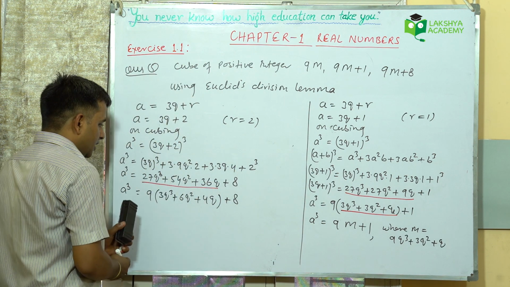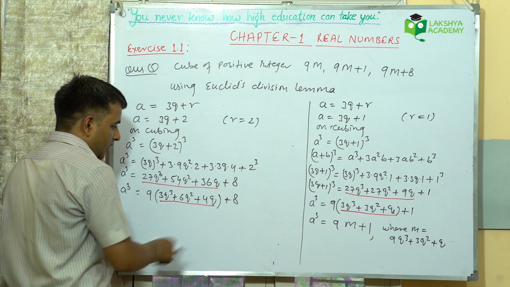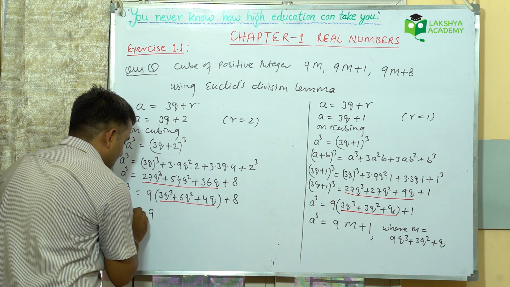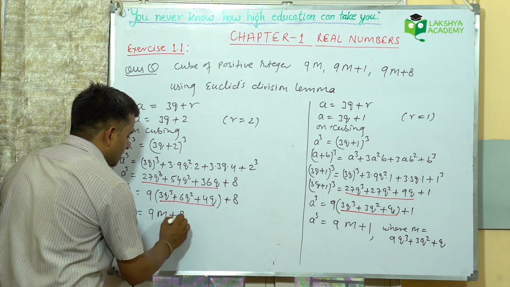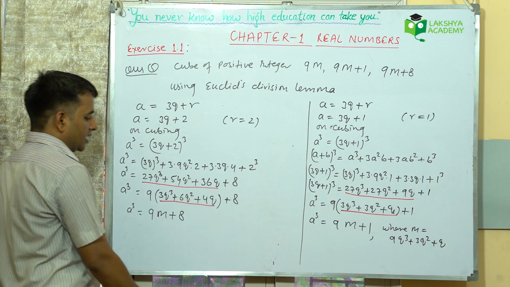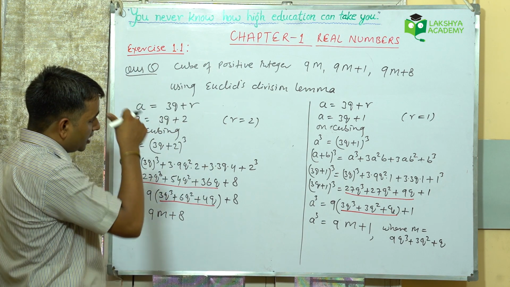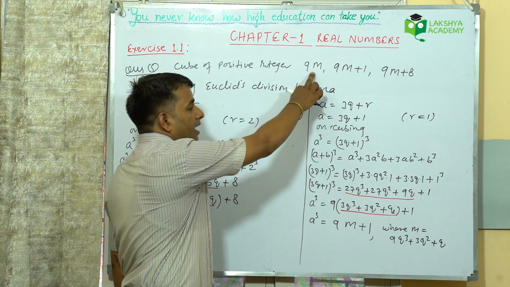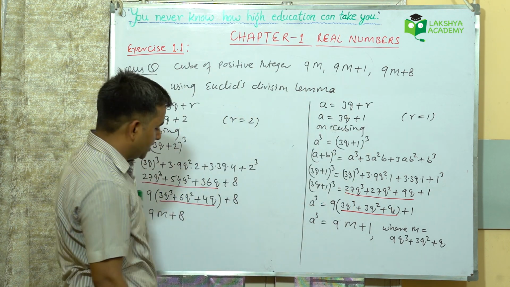So see, this expression we can take as m, and this 8 is separate. So a cube equals 9m plus 8. So we are getting this expression in the form of 9m plus 8. So we got all three expressions in the form of 9m, 9m plus 1 and 9m plus 8.